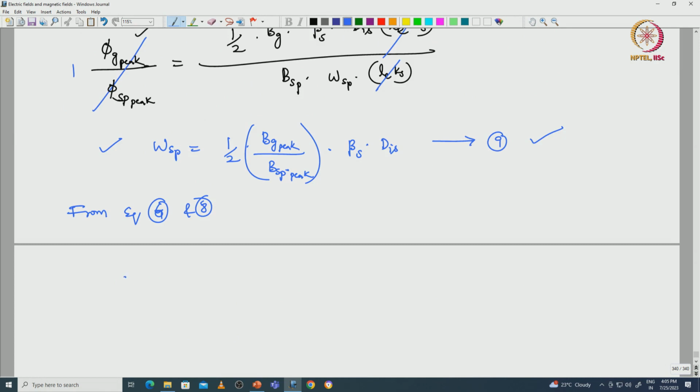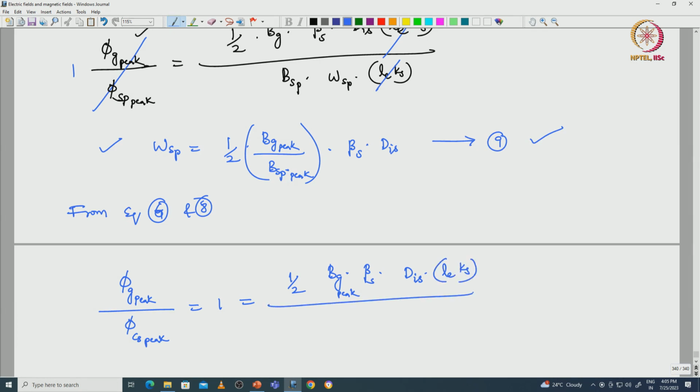The ratio of the flux at the air gap to the flux at the back iron is equal to 1, that is half of Bg, the flux density at the air gap peak value, beta S into dis into Le into Ks, that is the equation with respect to equation number 6, and with respect to equation number 8, 2 into BCS into the depth or thickness of the back iron into the length of the core and stacking factor.